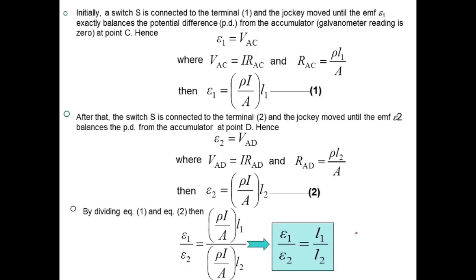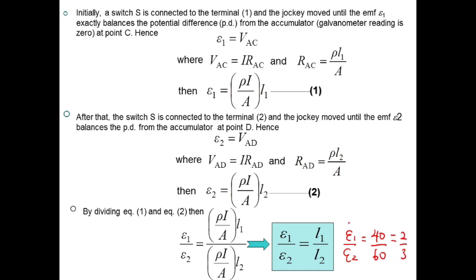Then we can compare the value of EMF number 2 and EMF number 1 by substituting the value of length 1, for example 40 centimeter, divided by 60 centimeter. So our ratio of EMF 1 to EMF 2 is 2/3.